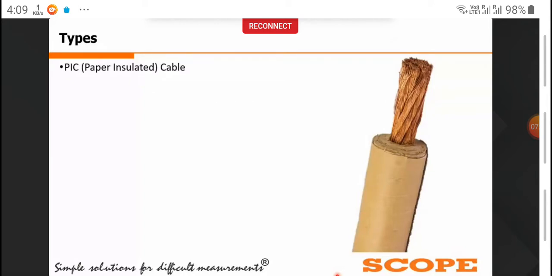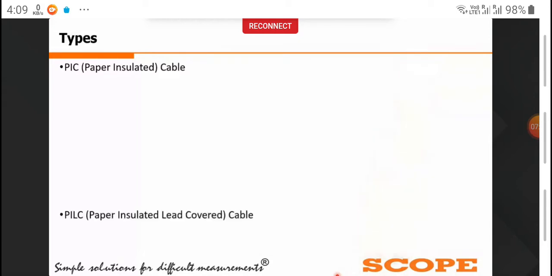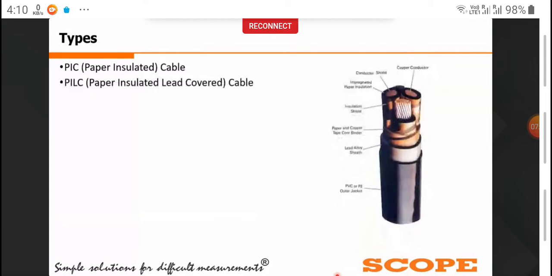After that, the paper insulated lead covered cable, the PILC cable. In a PILC cable, as shown in the picture, you can see that the core is surrounded by a separate lead, and this lead is used to prevent the entry of moisture into the cable, and mainly to overcome the disadvantage of the paper insulated cable.